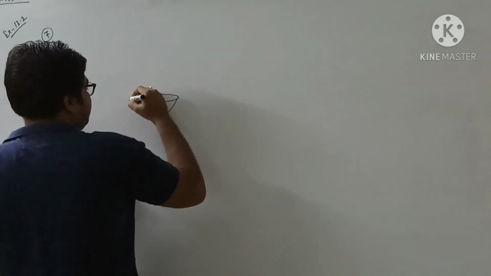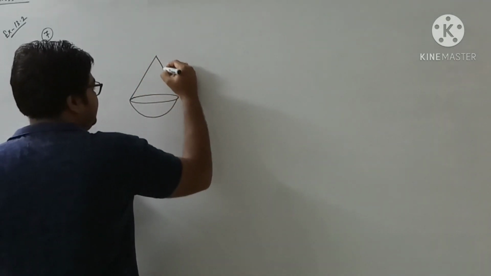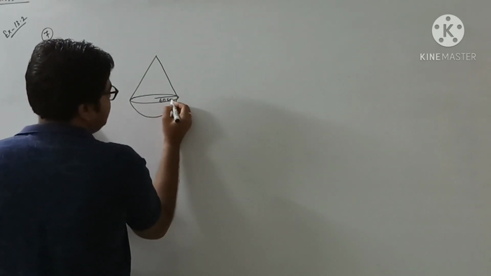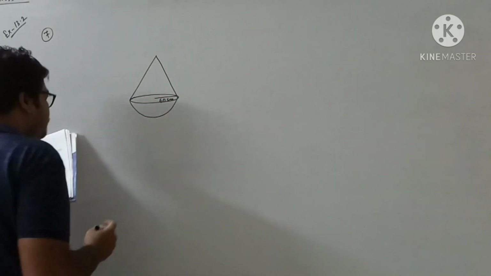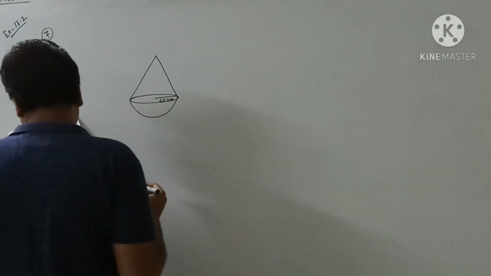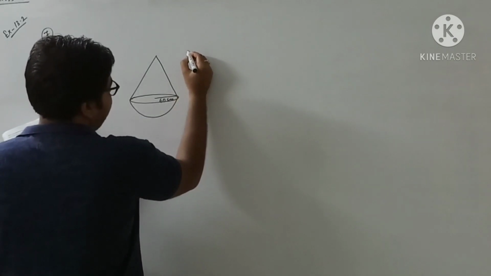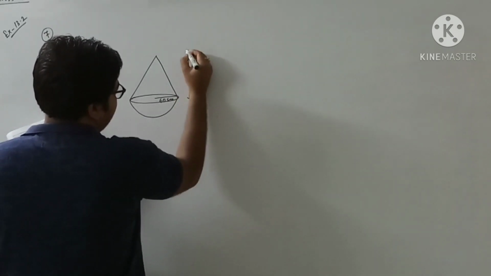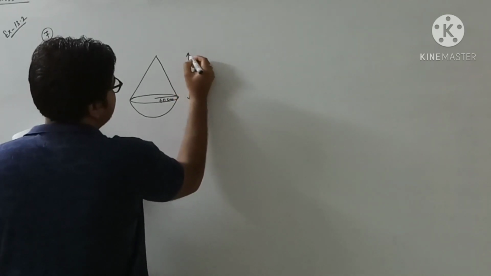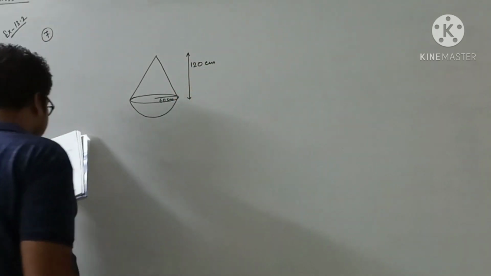That means the cone will be like this on the hemisphere because both of them have the same radius. Okay, so they will match. What is the height of the cone given? Height of the cone is 120 centimeter.